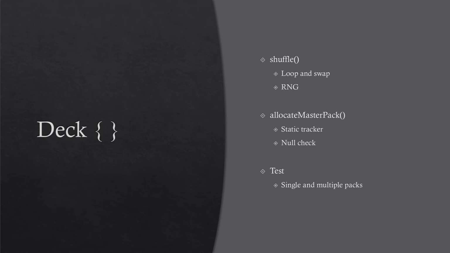Your shuffle method will use RNG and a basic loop. You'll be swapping values randomly as many times as you want. It should be sufficient to shuffle it. When you're allocating your master pack, in order to not reallocate it if it's made already, you might be able to use a static boolean, or maybe even check if the object or the values are null.